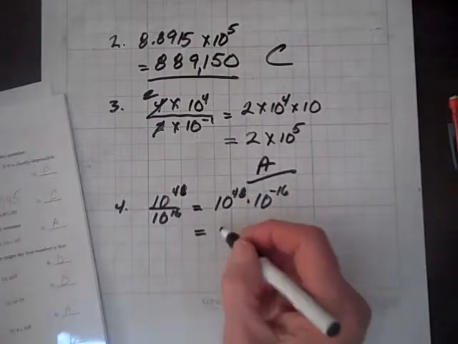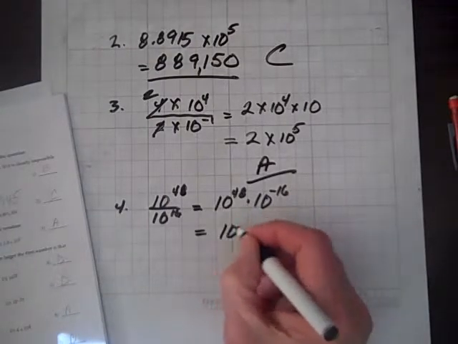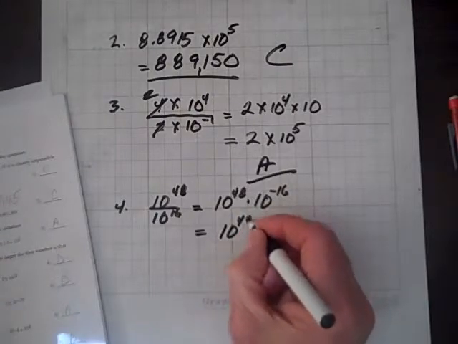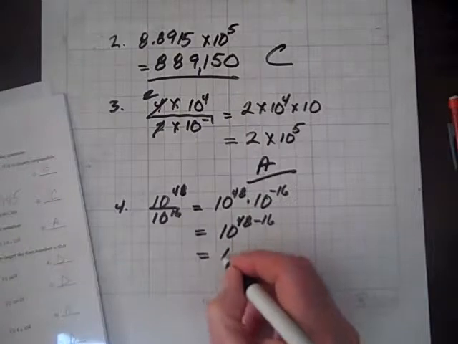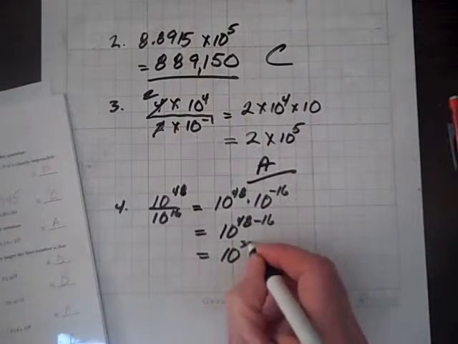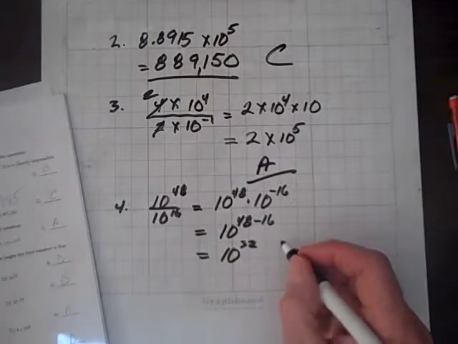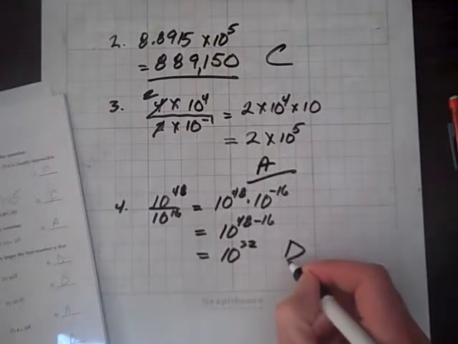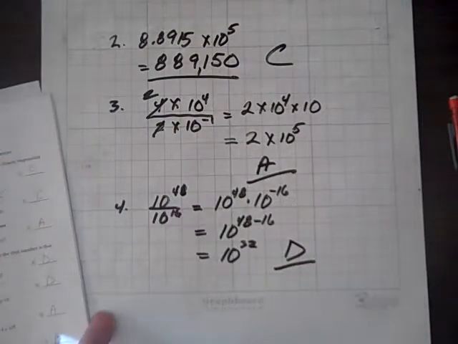Now we have identical bases, so we can add the exponents, and that's going to be 10 to the 48 minus 16, which is 10 to the 32, and that corresponds to answer D. Okay, let's get number 5.